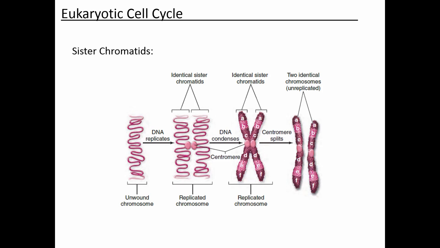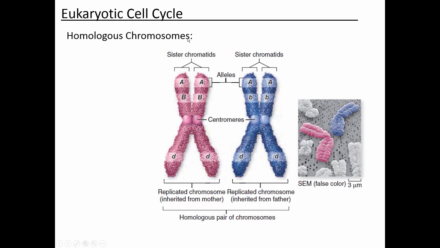In contrast to that, homologous chromosomes are two chromosomes that carry the same set of genes. This is showing you two chromosomes, where each chromosome has been replicated and consists of a pair of sister chromatids. Each chromosome carries genes A, B, and D. So they carry the same set, the set being A, B, and D. But you can see that they carry different alleles for one of the genes, which is the B gene.